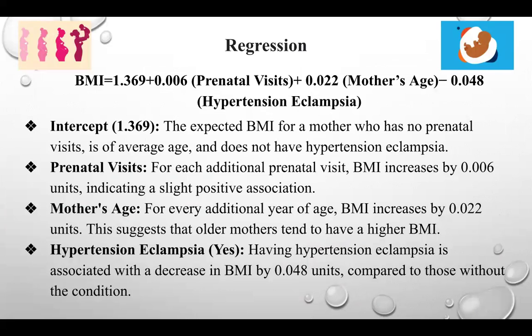This slide represents the final regression equation that predicts the BMI based on the key variables, prenatal visits, mother's age, and the presence of hypertension eclampsia. This regression model provides a clear picture of how prenatal visits, age, and hypertension eclampsia contribute to the changes in BMI.